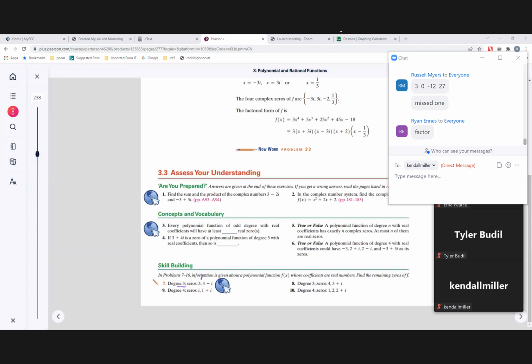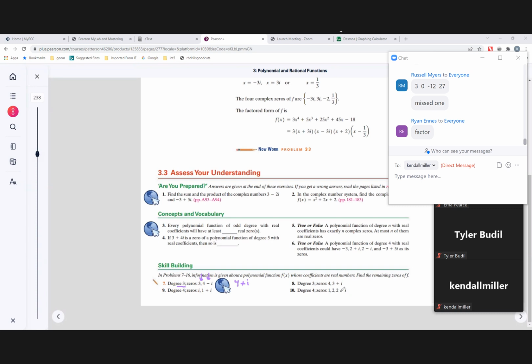Here's one zero, 3. Here's another zero, 4 minus i. Automatically, I know that 4 plus i has to be the other zero, right? Because if 4 minus i is one, then I know 4 plus i is one. That's all it's asking us to do, is to tell what the other zero is, okay?